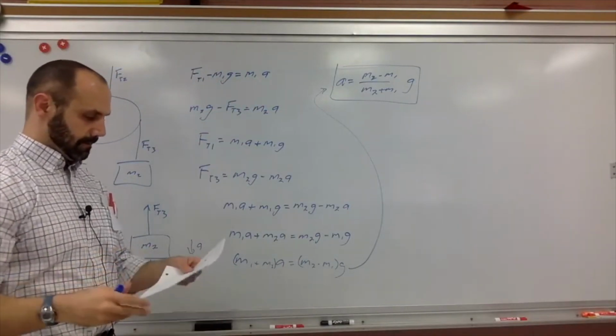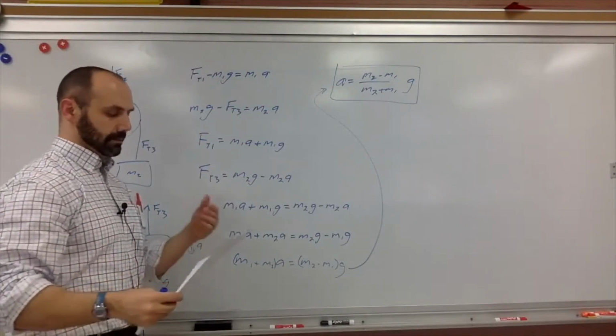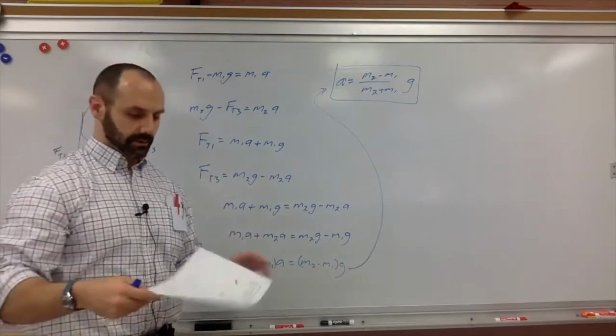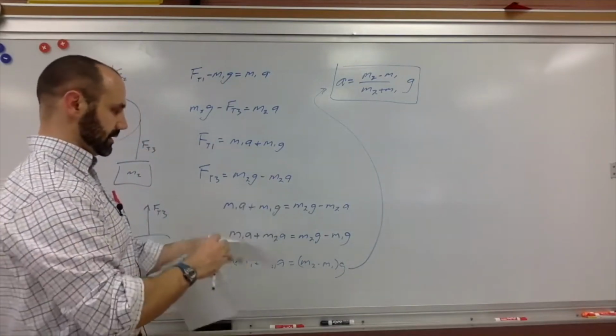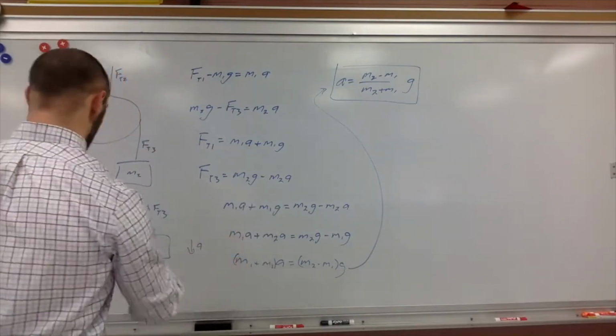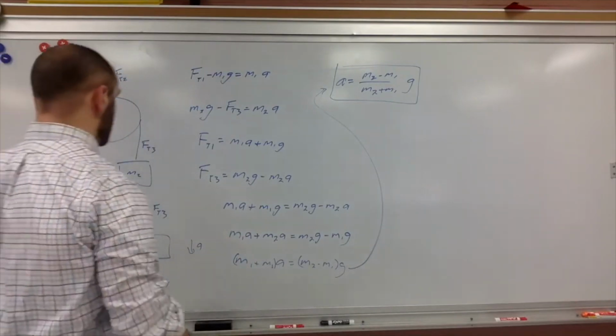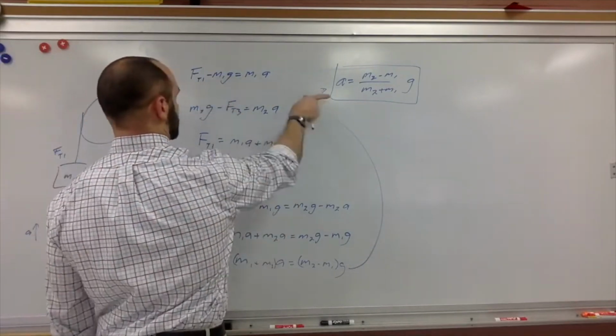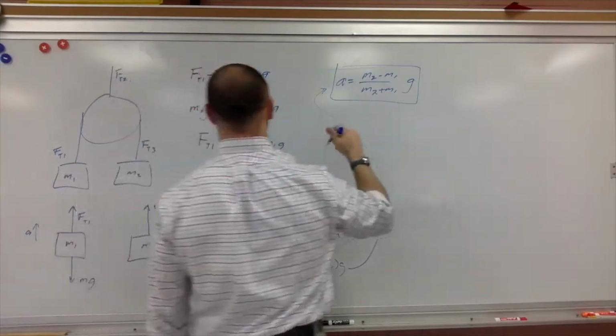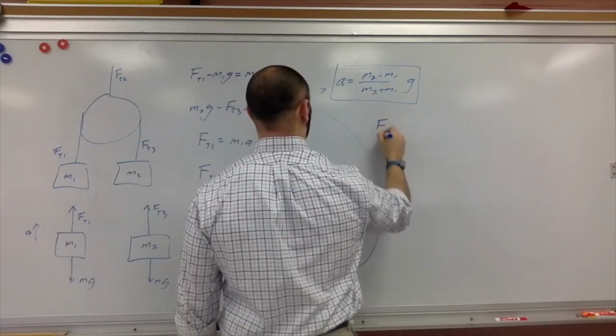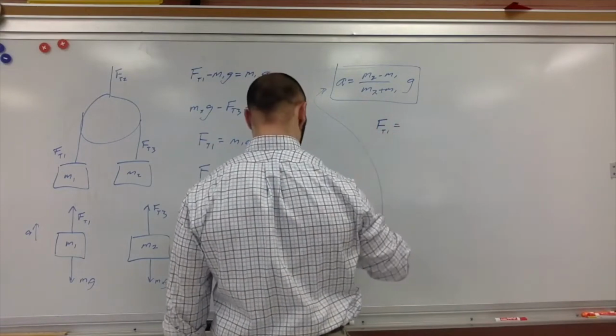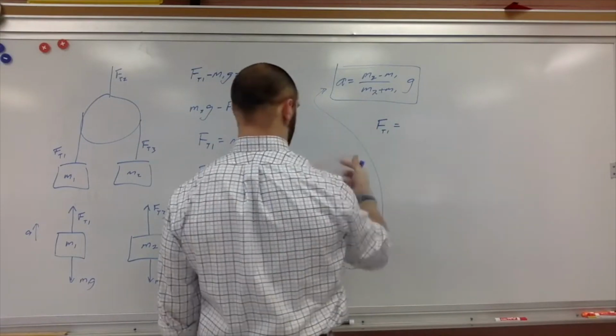Okay. And so now we have a modified Atwood's machine. Oh, by the way, we should find the tension. What are these tensions? We can find that by plugging this back into here. Ft1, or T, well, it's the same.